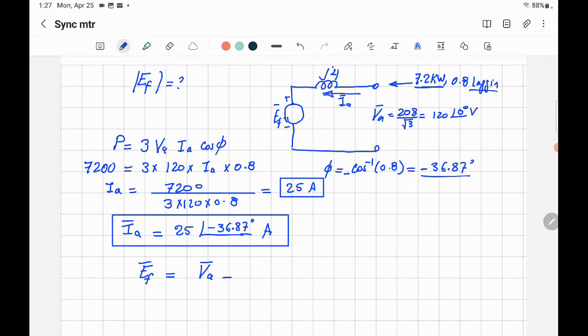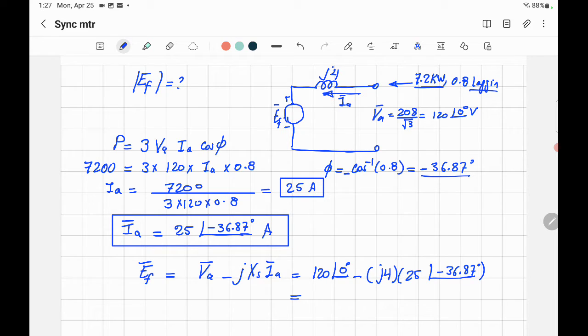VA minus JXS IA. The armature voltage is equal 120 on angle 0 minus J4 times the current. We have the current now 25 and angle negative 36.87 degree.